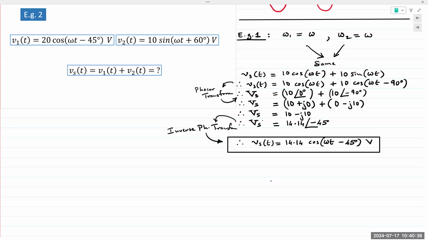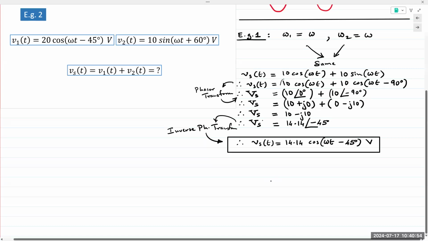Phasor transform means you take the time domain expression, meaning a function of time, Vs of t, and represent it as a vector. That vector is known as a phasor for the source. And we can directly write down the phasor from the phase angle and the magnitude of the time domain expression.